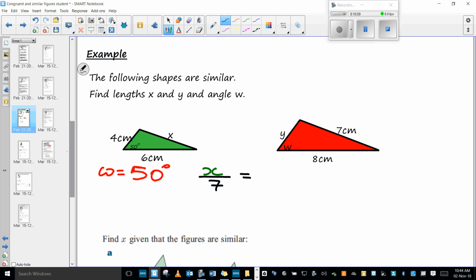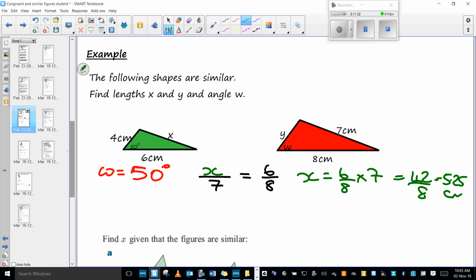And we're all happy with the order, it's not 8 over 6. Because we started with this triangle, we start with this triangle's length on the top. So x is equal to 6 over 8 multiplied by 7, just rearranging, which gives us 42 over 8, which is 5.25.